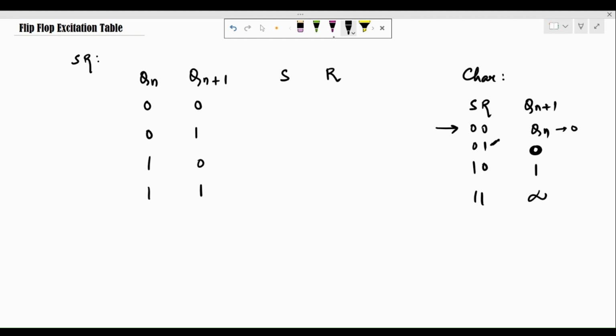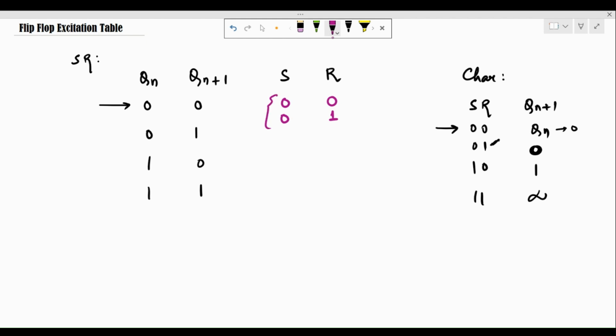So this possibility is going to occur in case my SR input is 0 0 or 0 1. Only when these two inputs occur at the flip flop will it excite the flip flop such that the present state is 0 and the next state is also 0.